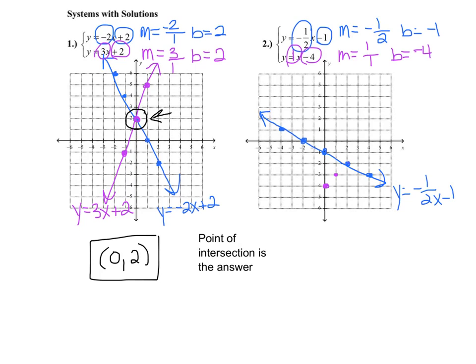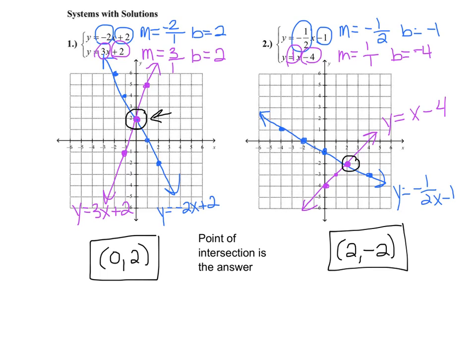And once you hit a point, you can stop there. So we can make our line and label it y equals x minus 4. And then our point of intersection is our answer. So your answer is 2, negative 2. And that coordinate is a solution for both equations.